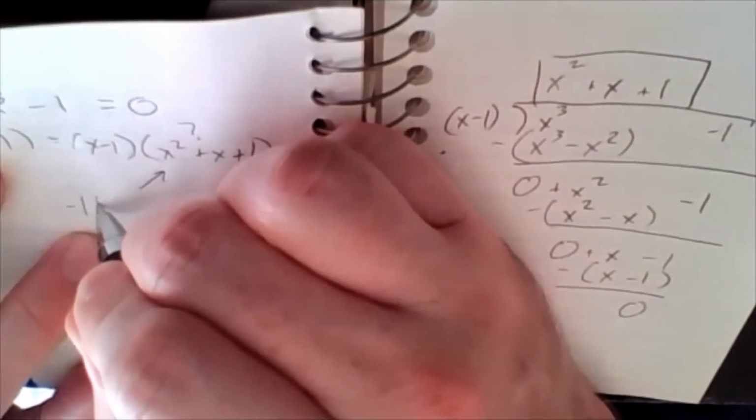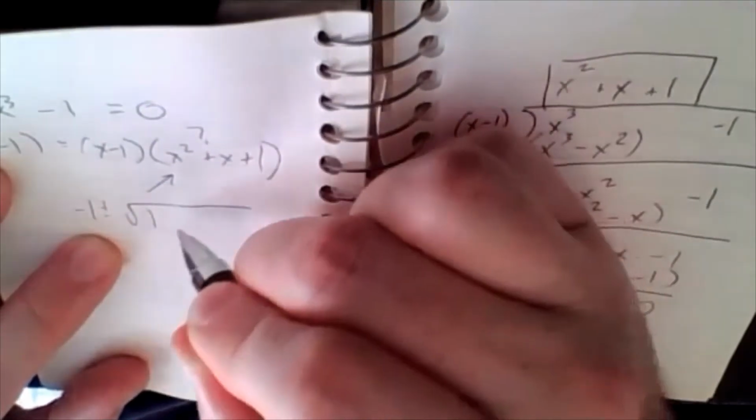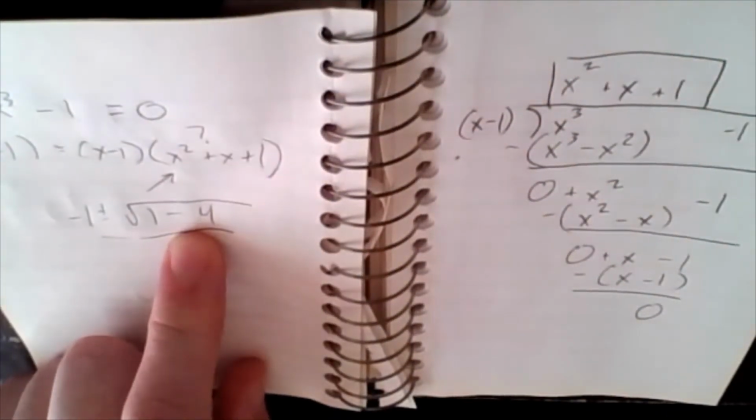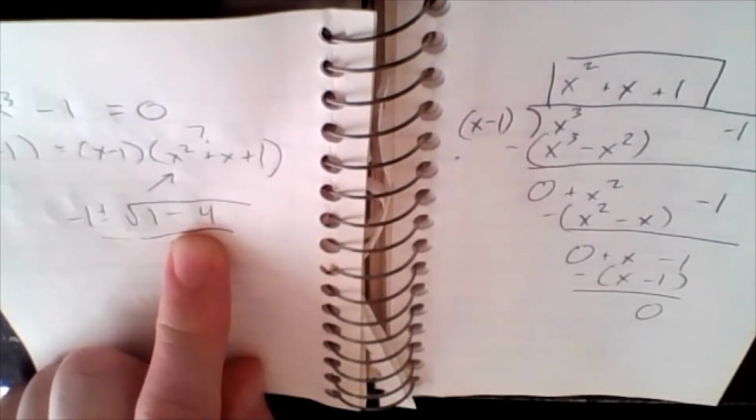Why, they would be minus 1 plus or minus the square root of 1 minus 4 divided by 2. And once again, I'm left with this problem of the square root of a negative number. So my solution is going to be x cubed minus 1 is equal to x minus 1 times the polynomial x squared plus x plus 1.